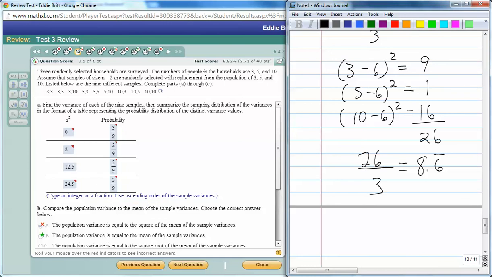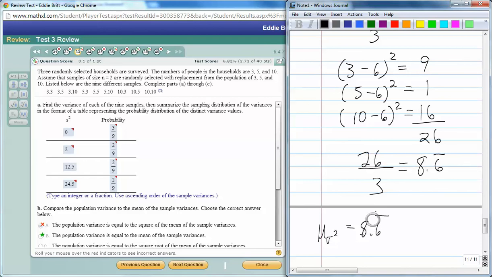Divide that by 9, and guess what? You're going to get 8.6 repeating. So you're going to get the same thing when you find the mean of the sample variances as you did when you found the population variance.